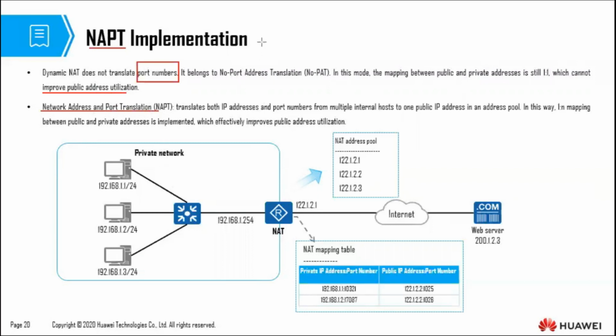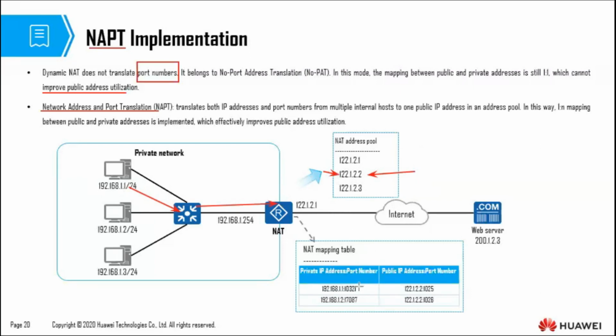Okay, so with this one, one public IP address can be mapped to multiple internal private addresses because we are also including port numbers. So how is that so? This guy comes with the source address of that, comes here. When it gets here, we give him this public IP address.